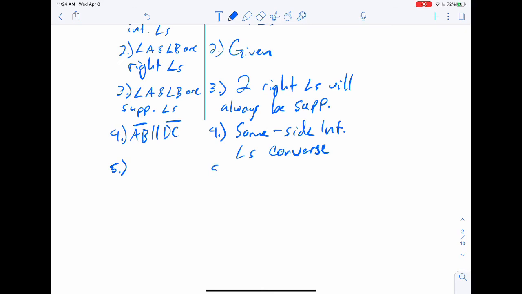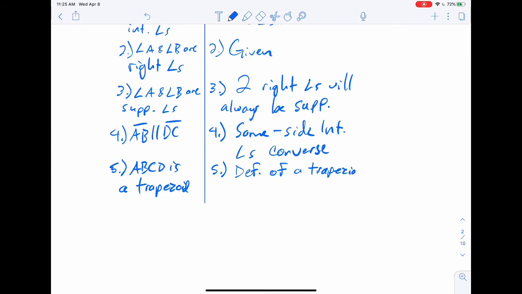And then 5, ABCD is a trapezoid. Why? Hopefully you said the definition of a trapezoid, which is a quadrilateral with a pair of parallel sides.